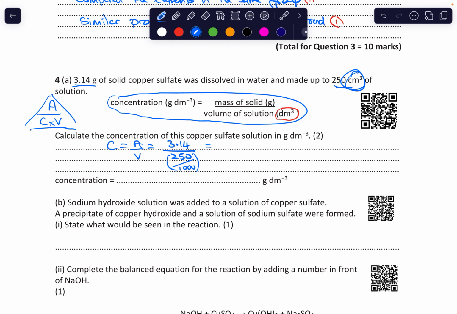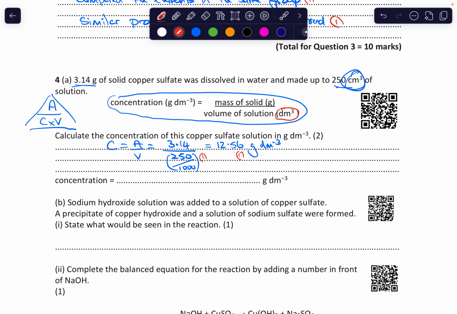So here I've got 3.14 divided by 250 divided by 1,000, okay? And that's given me an answer of 12.56, and that's grams per decimeter cubed. You get 2 marks in here for this, so you obviously get 1 mark for the answer and then 1 mark for this stage here.